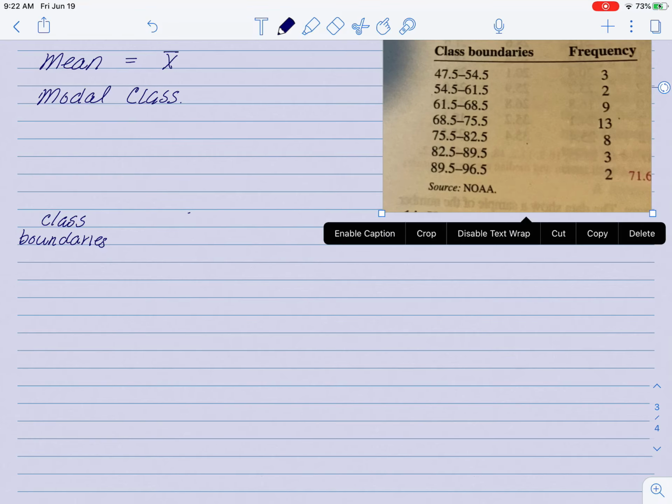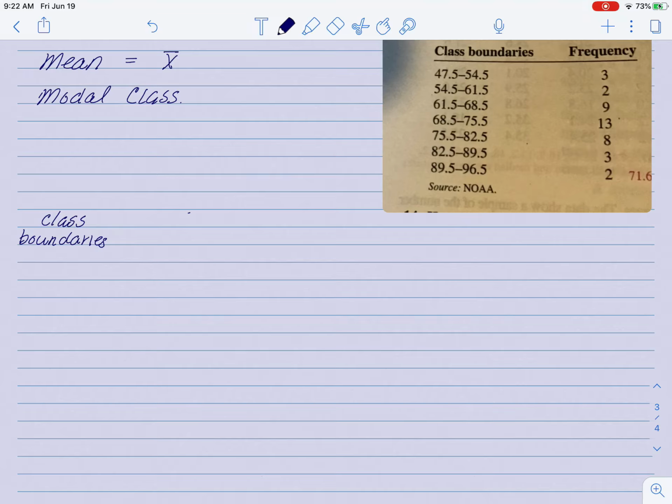We're going to work with the class boundaries, the frequency, and we're going to call frequency F. We're going to do midpoint, and I'm going to call that X sub M. Just go with me on this. And we're going to then find the frequency times the midpoint, and that's what we're going to use to help find the mean value.